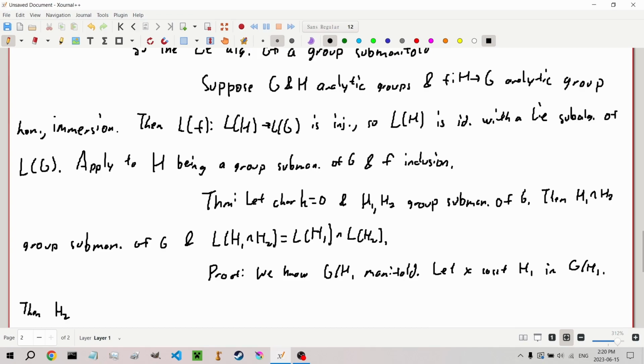Then H2 acts on G over H1, and the stabilizer of X, H1 being X, is the intersection of H1 and H2.